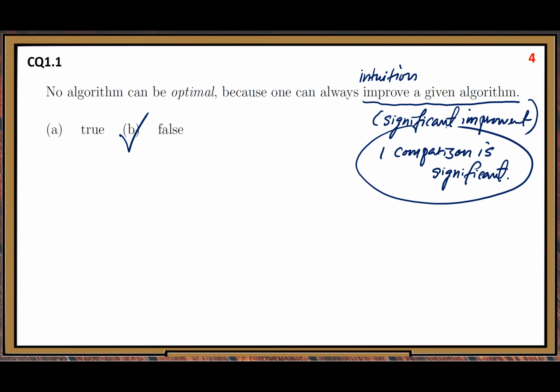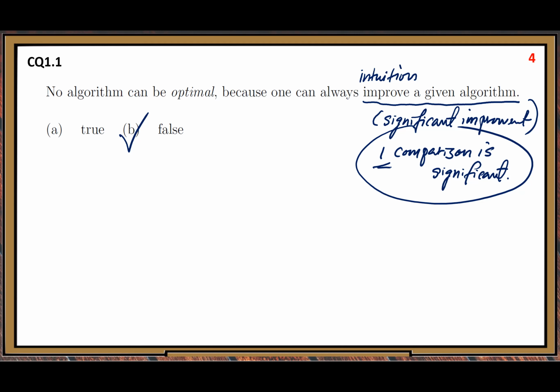Here, let me give you a little more information. In this particular problem, one is significant because the situation is very special, but that example is not a general case.